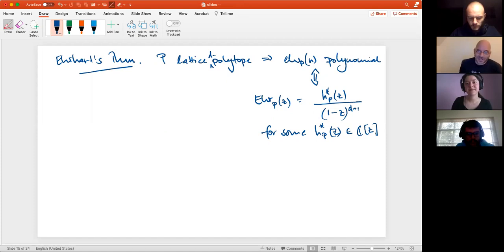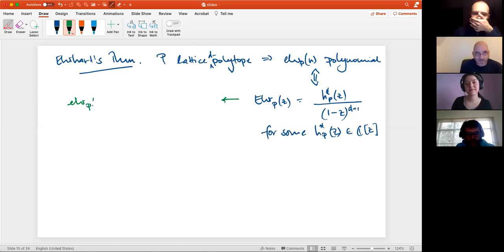My notation here is not an accident. Out of this, I claim that the h star polynomial is exactly the coefficients in the basis that I mentioned yesterday. This is just a translation of this rational function in terms of a power series.